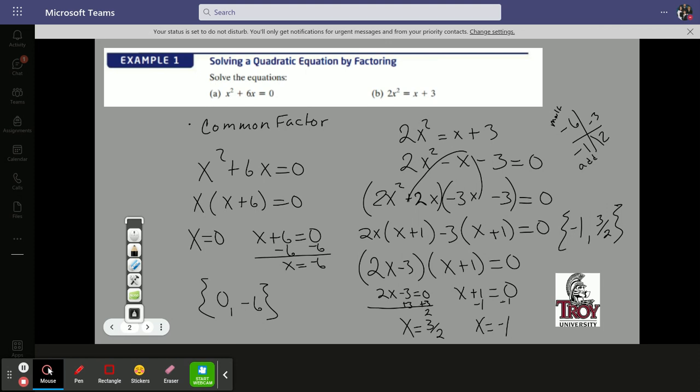Getting some recall back. So let me ask this, since I have so many new people, how many people are planning on going on to 114?